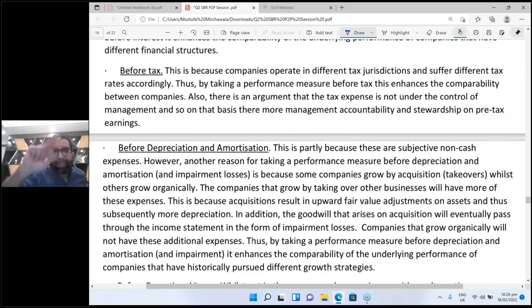So first point. Second point, this is also non-cash. If we remove non-cash things, we will come to cash profit. And a common man, all investors are not chartered accountants.